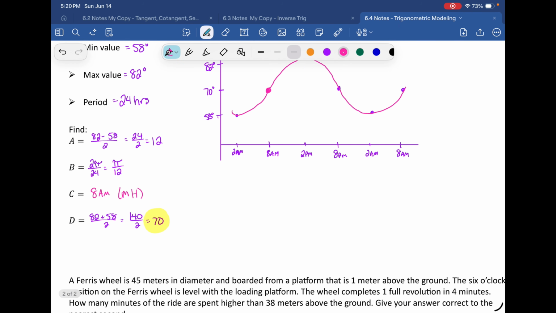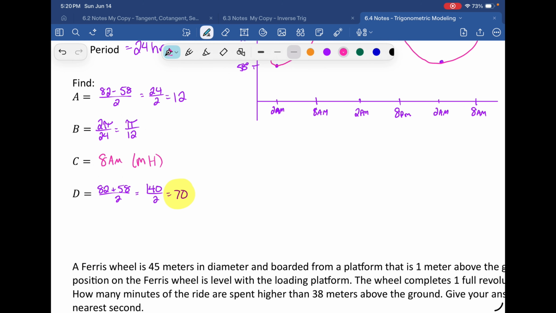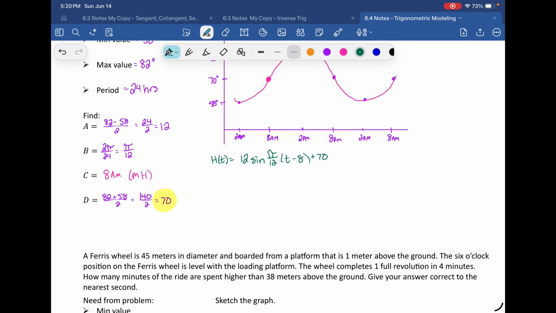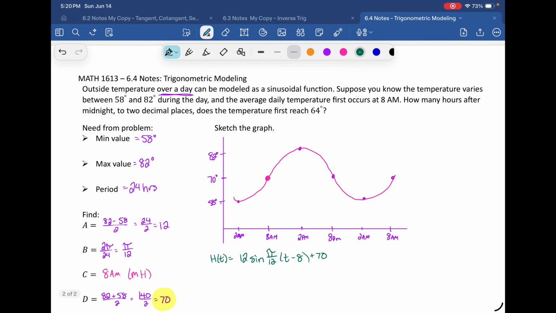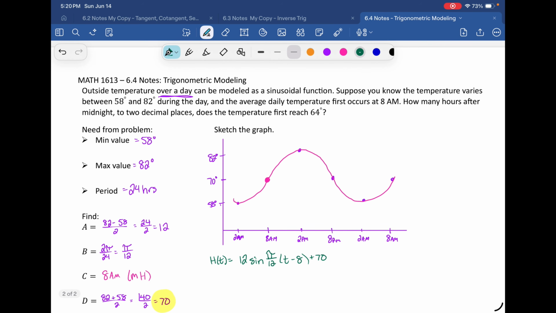So my function is a sine. All right, so amplitude 12, sine pi over 12, time minus 8, because I'm shifting it over to the right 8 units, plus 70. Which is all well and good, perfect, but it asks, when does the temperature first reach 64 degrees?